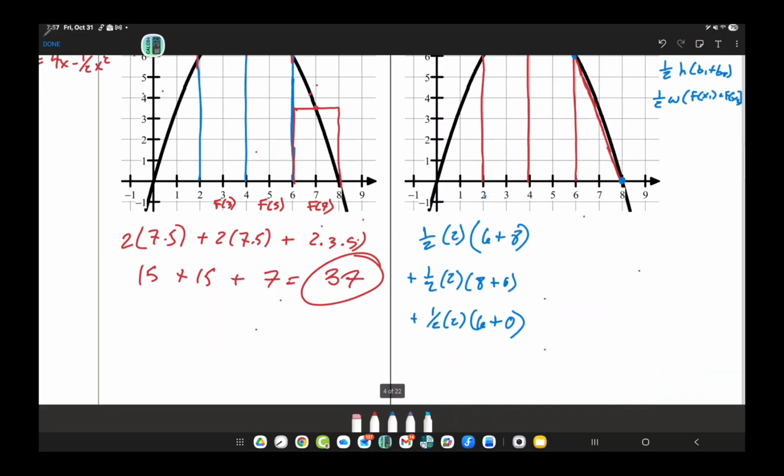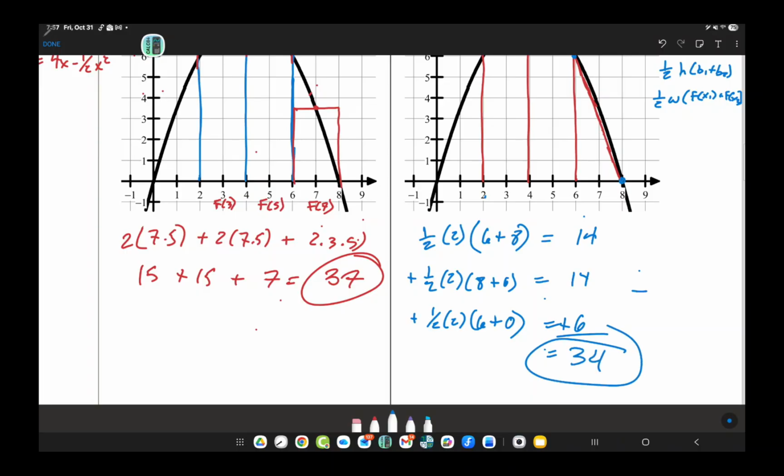So those are your trapezoids, which gives you 14, 14, and 6. If you add that up, 34. That's what I was finding.